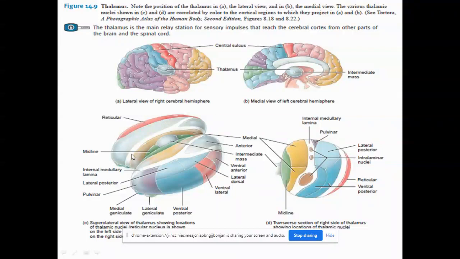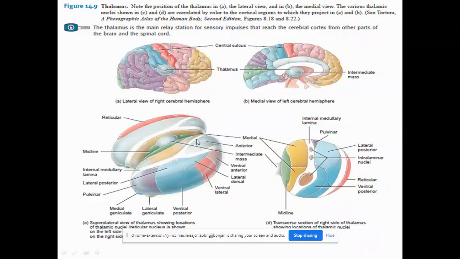This is the Y-shaped white matter which runs through the thalamus. It is called the internal medullary lamina. You can see the internal medullary lamina here as well as here. Apart from this, you have many regions. You can see there is a reticular network here, and it is seen here also.